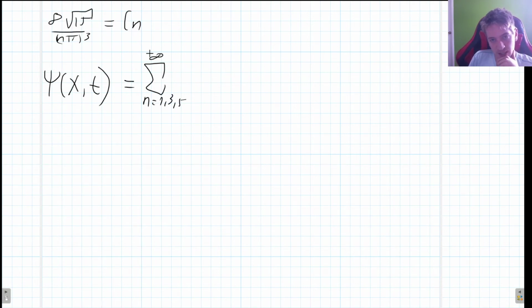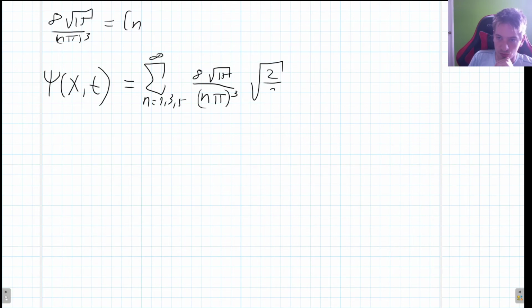So our Cn's are 8 square root of 15 divided by n pi cubed, and this has to be now multiplied by our square root of 2 over a sine of n pi x divided by a.